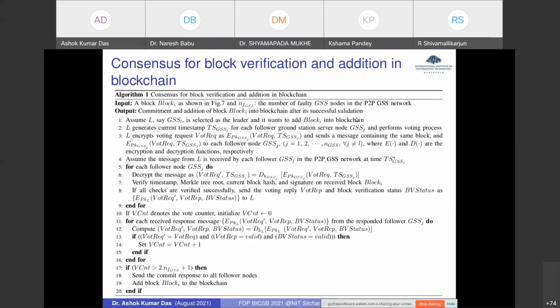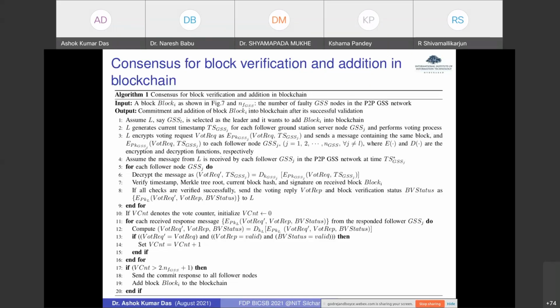Now, the first step is that we choose a leader, say GSSL, from the available n nodes in a P2P GSS network. Once a leader is selected, suppose that the leader has a block, say block I, which needs to be added in the blockchain.